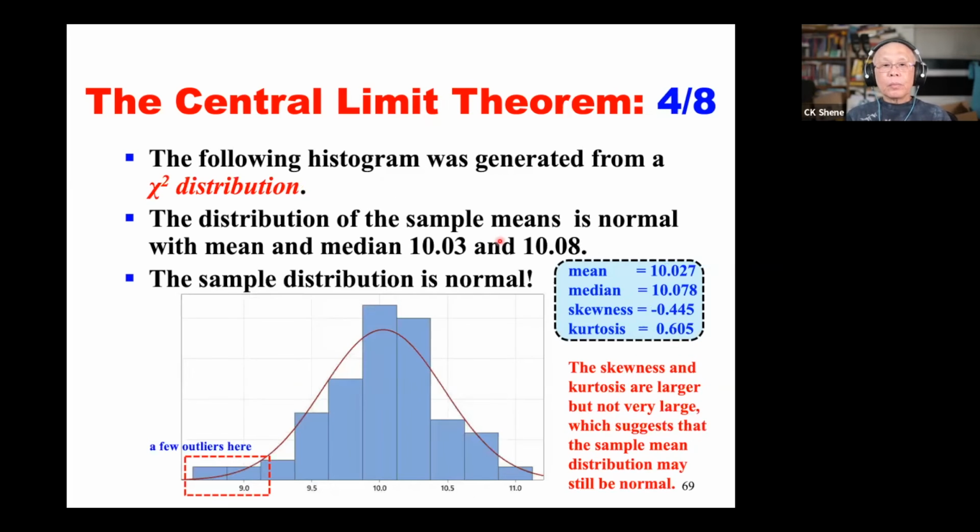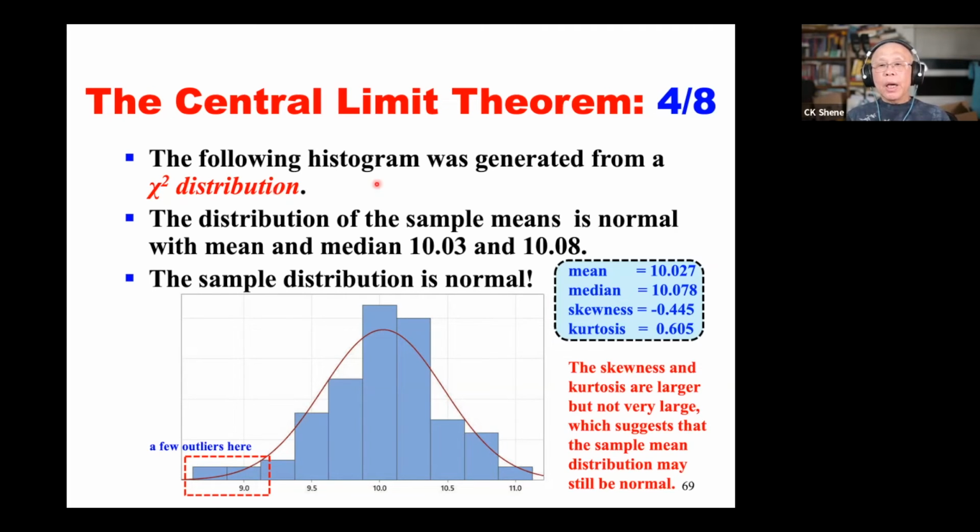Now, chi-square. Again, we generate a sample of 100 chi-square distributed points from a chi-square distribution with mean 10 and repeat it 100 times. Therefore, we have 100 sample means, 100 sample medians.